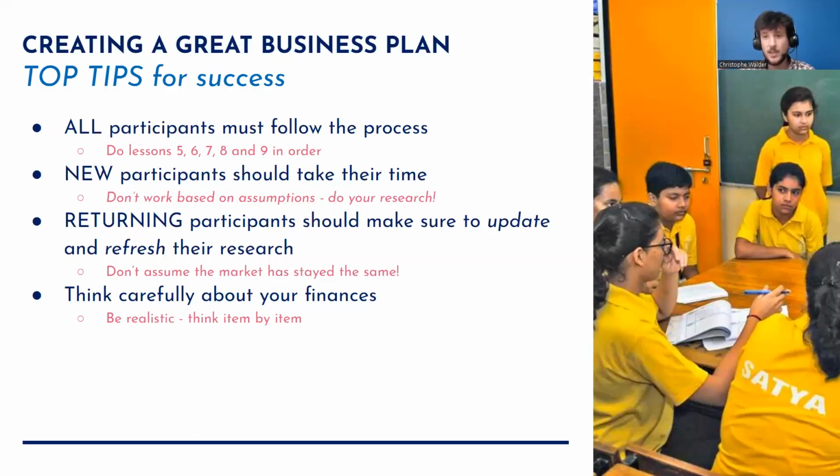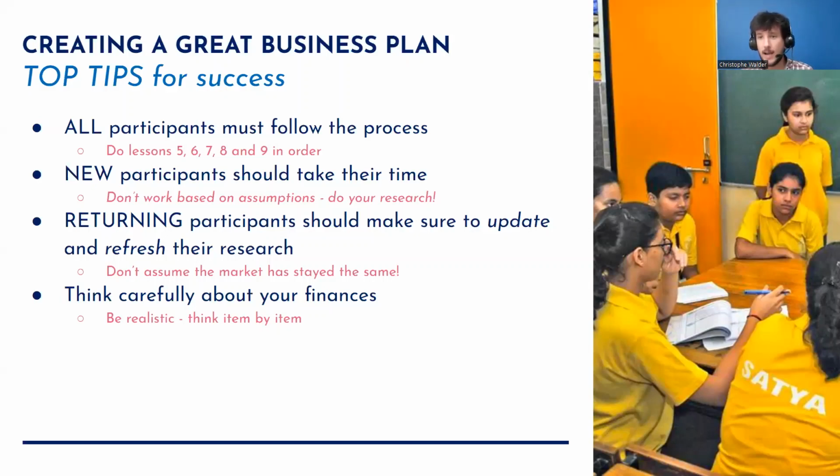Way too often, people send us a finance sheet which just has one thing on it. So they say, right, we're going to sell stationery, so we need to buy stationery. So they just write stationery, and then they write a price. They put $100 of stationery. That's not really how finances are supposed to be done. It's supposed to be done in a more detailed way.